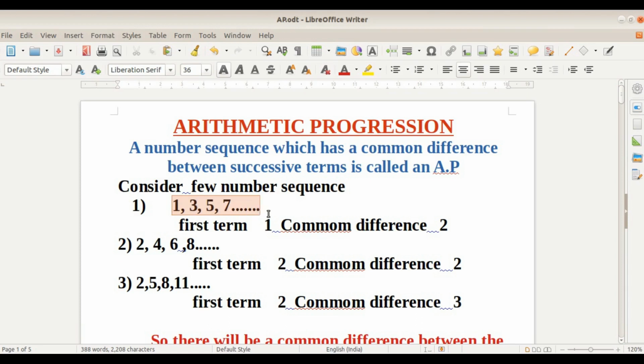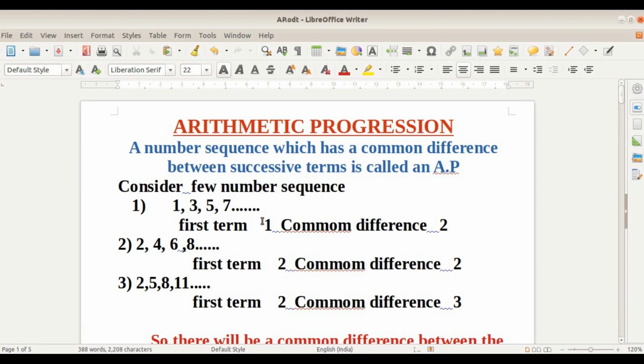Consider a few number sequences. The first one: 1, 3, 5, 7, etc. We know these are odd numbers. In arithmetic progression, in this special sequence, each number, 1, 3, 5, 7, we are calling a term. First term is 1, second term is 3, third term is 5, like that.